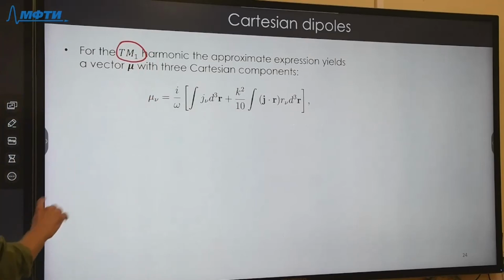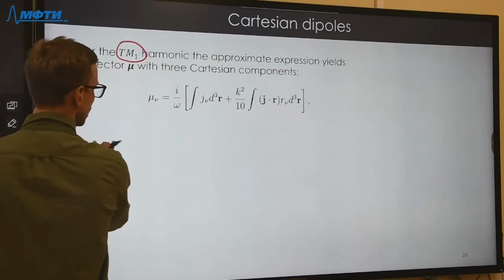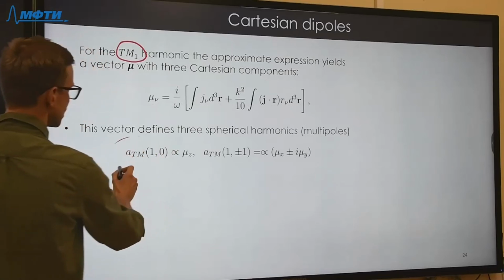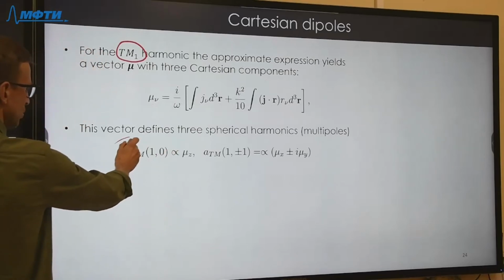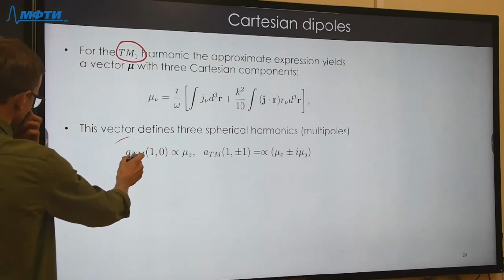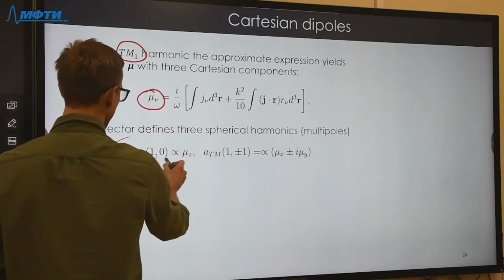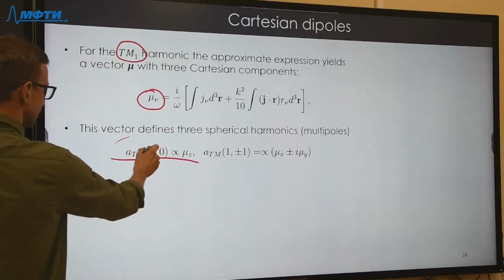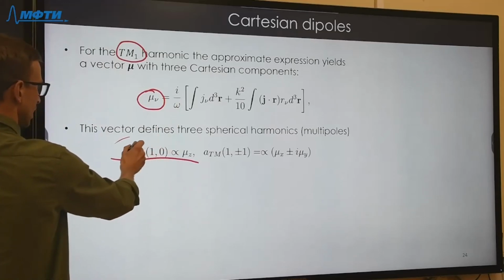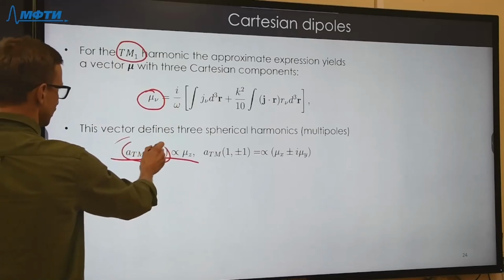This vector is related to the amplitudes of 3 spherical harmonics. The z component of this vector will represent the 1, 0 spherical harmonic.